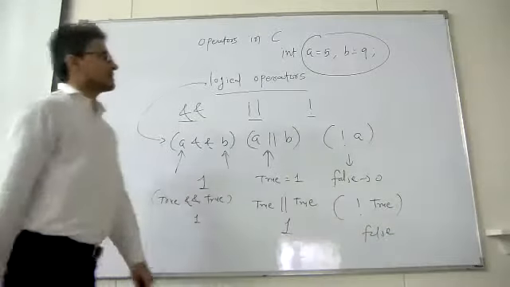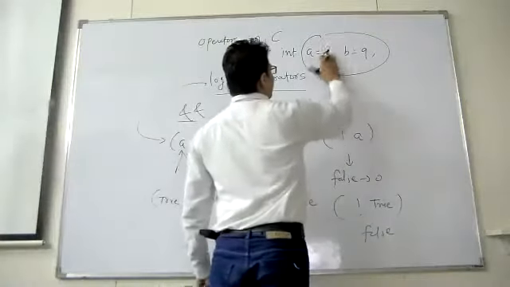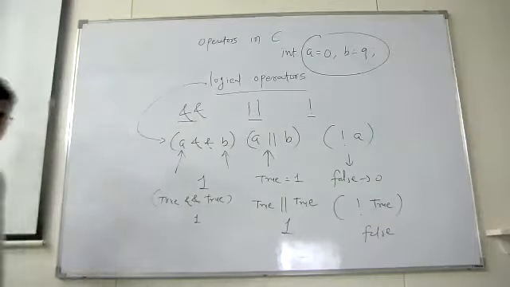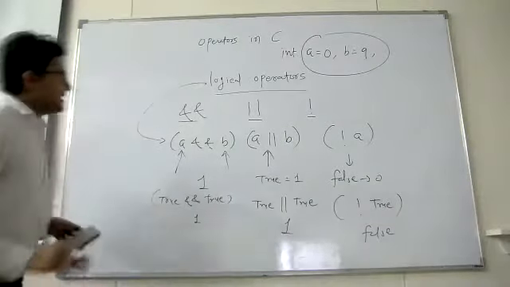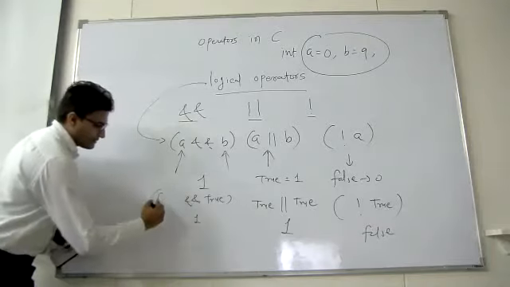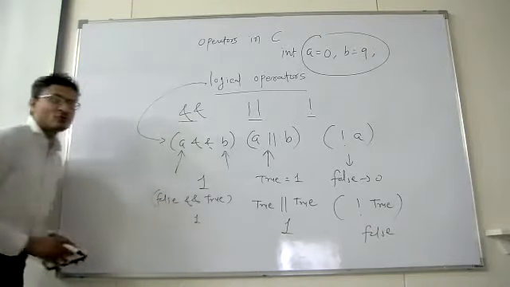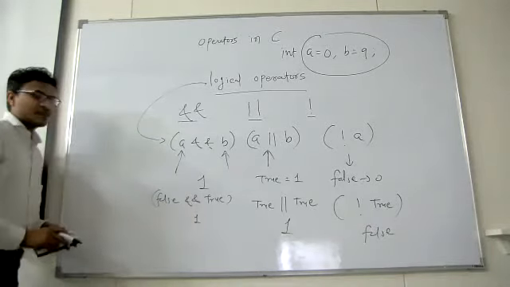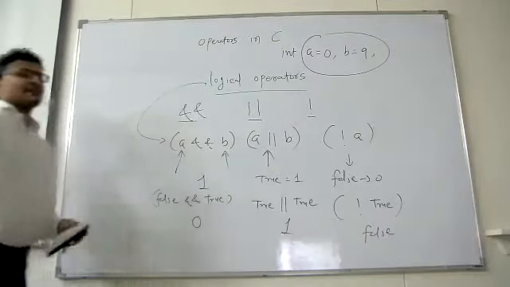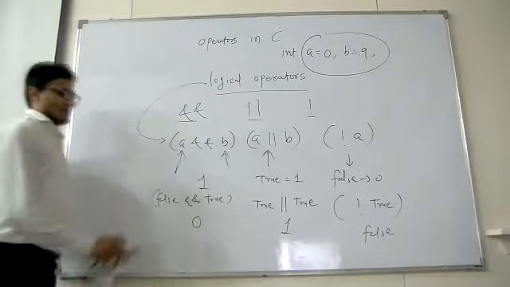Suppose I change this: a is equal to 0 and b is equal to 9. Here false and true, so it would be false, 0.